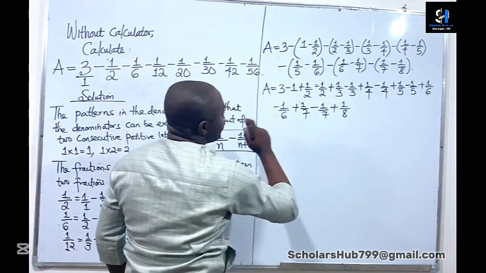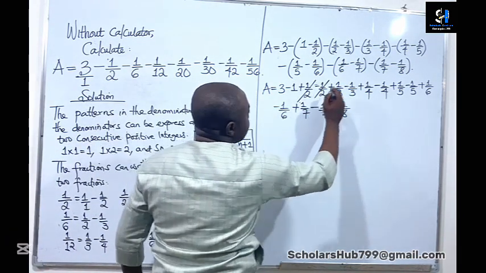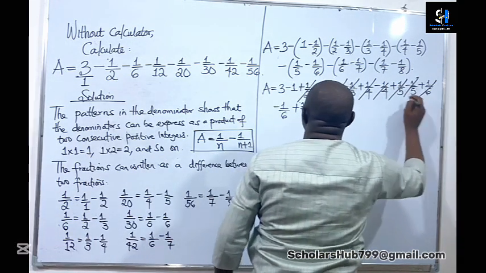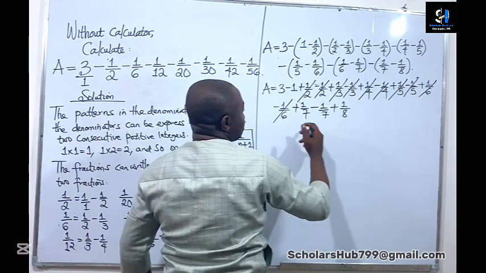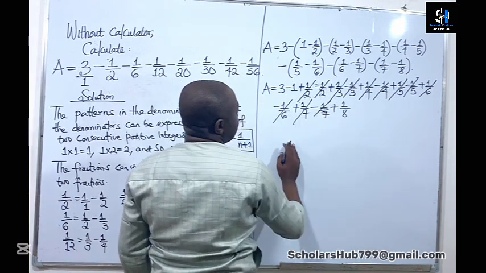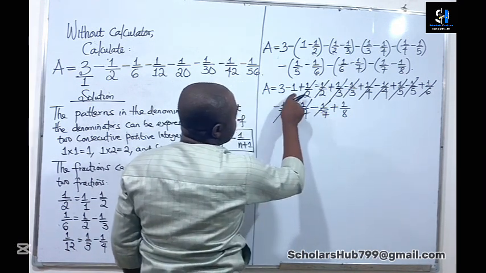Now, this will be 0, this will be 0, this will be 0, this will be 0, that is, 1 over 6 minus 1 over 6 is 0, and this also will be 0. So 3 minus 1 will be 2.